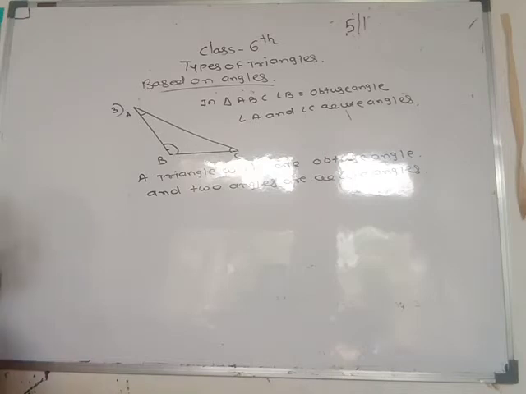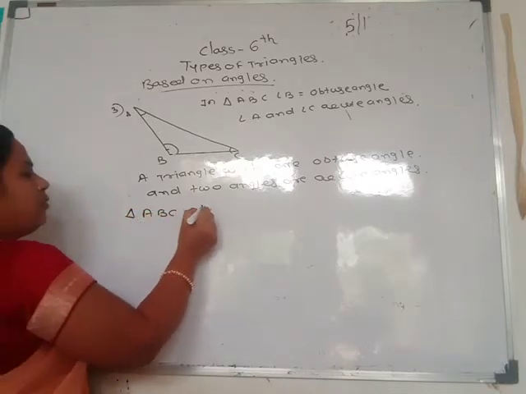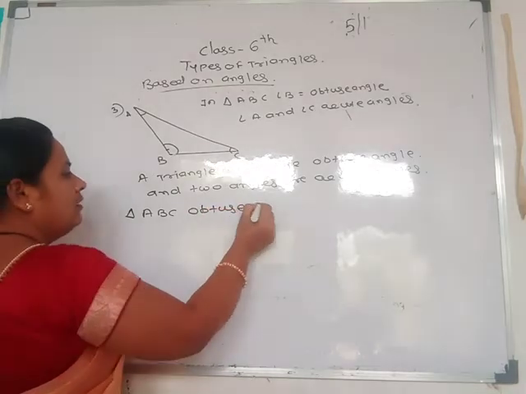In this triangle ABC, it is an obtuse angled triangle.